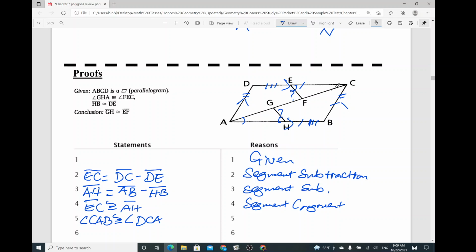Those two angles right here, and the reason for that is the properties of the parallelogram. Once we get that, here's another thing you want to state here: the angle GHA.